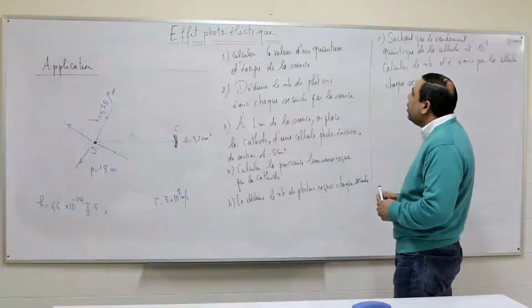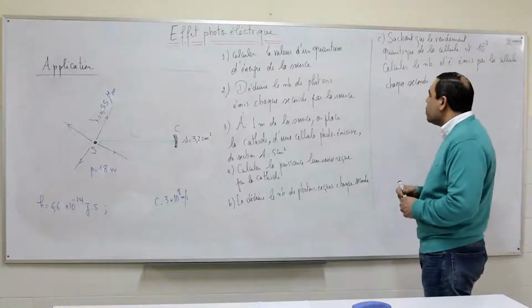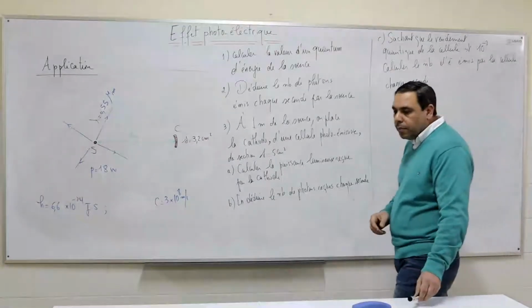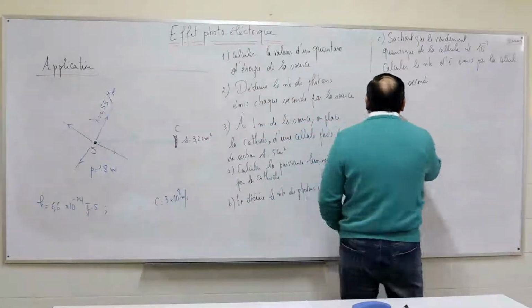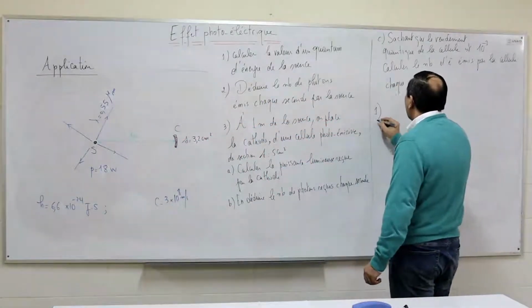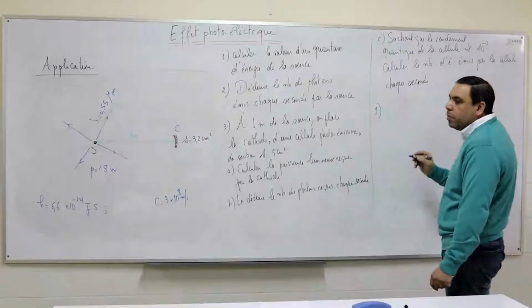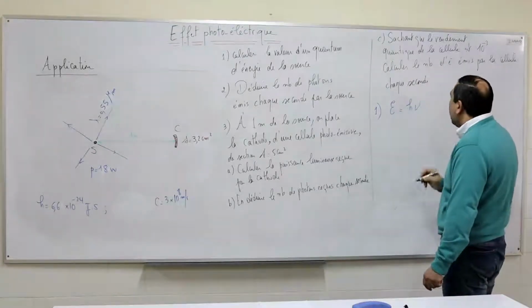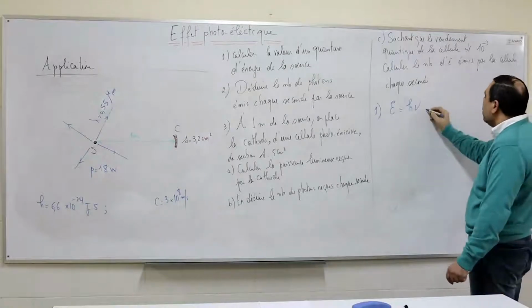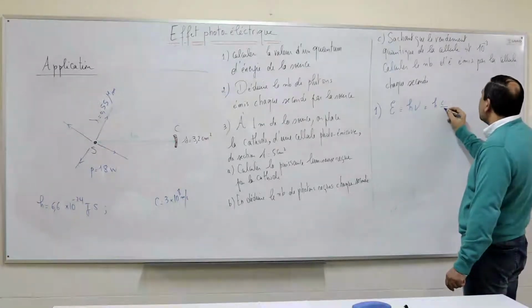First question, calculate the value of the quantum of energy of the source. What is the quantum of energy? Quantum of energy is equal to h nu. h nu is equal to hc over lambda.